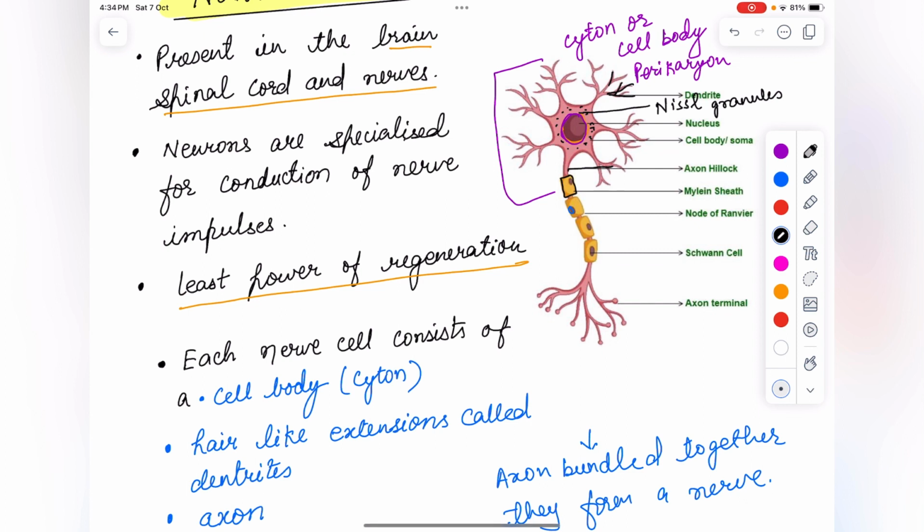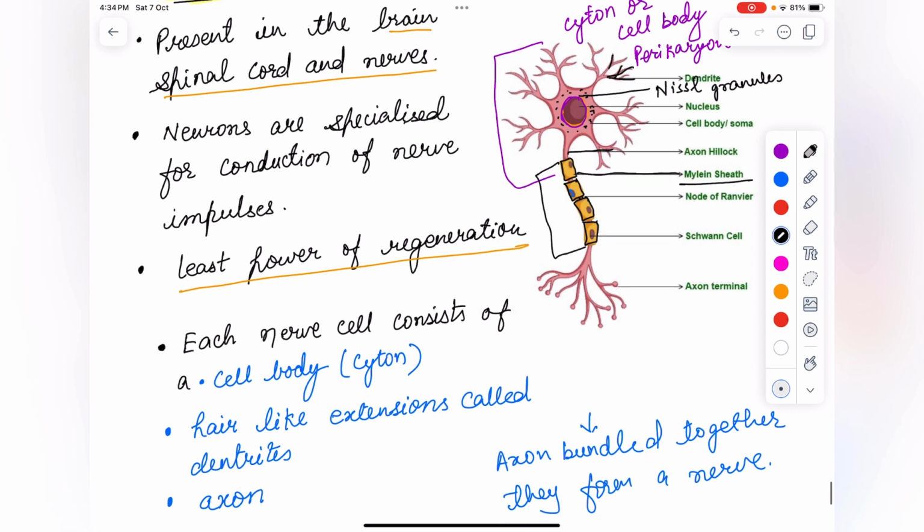This part is called axon, and this axon will have outer covering. That covering is called myelin sheath, and the gap between two myelin sheaths is called nodes of Ranvier, and this is a Schwann cell.